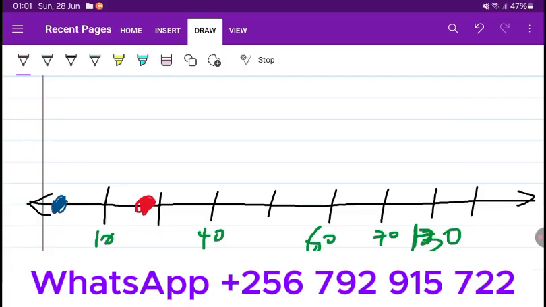Then the middle, which was 32. Let me assume the midpoint is around there. Then the other one is 42. Let me assume 42 is around there. And then lastly, the maximum, it was 66. Let me assume it's there.